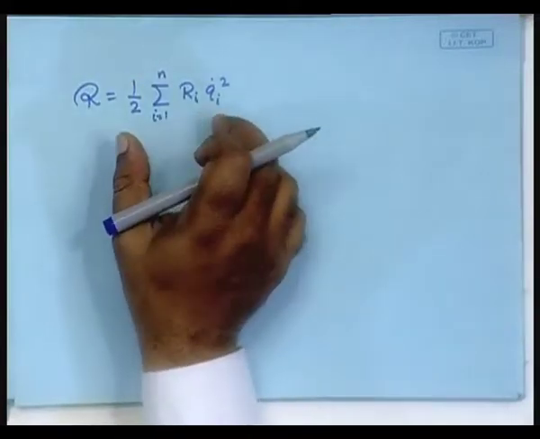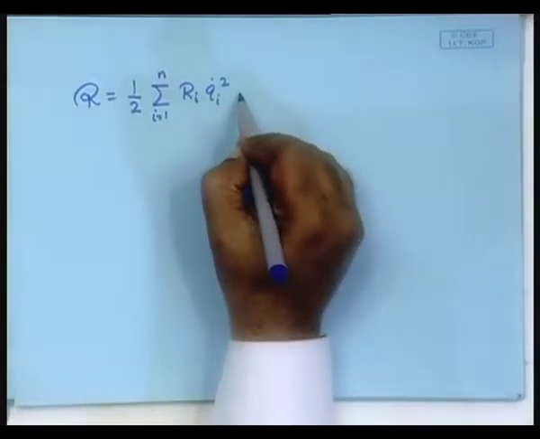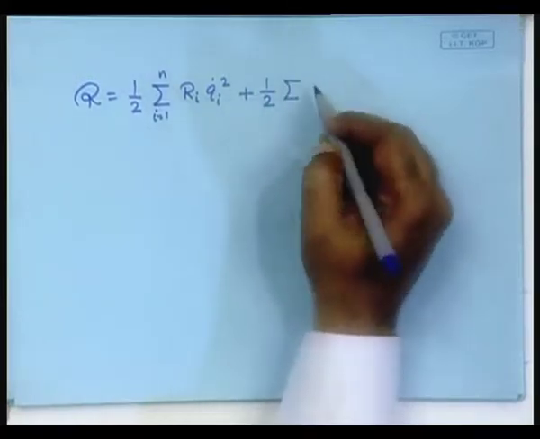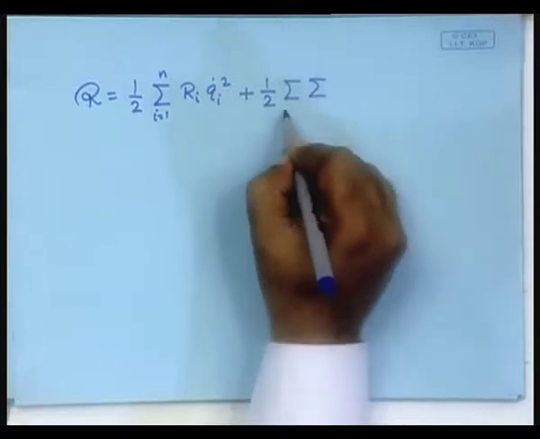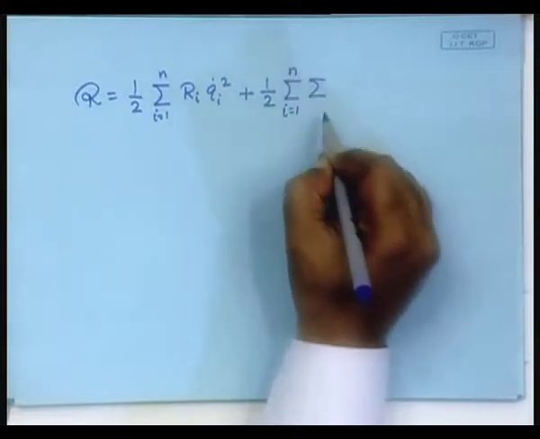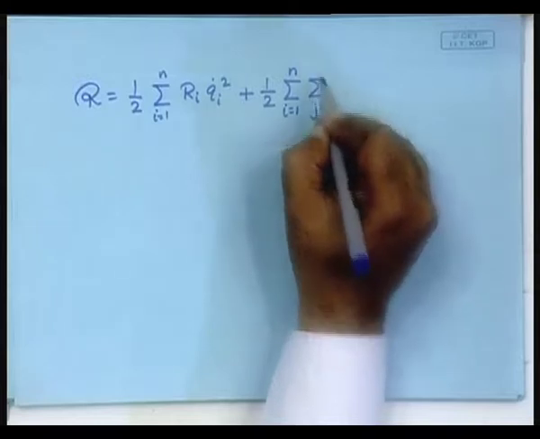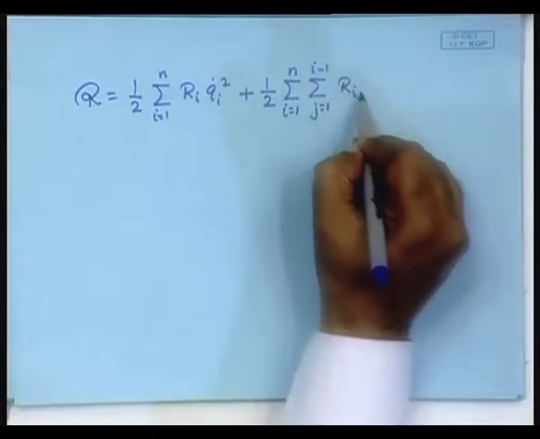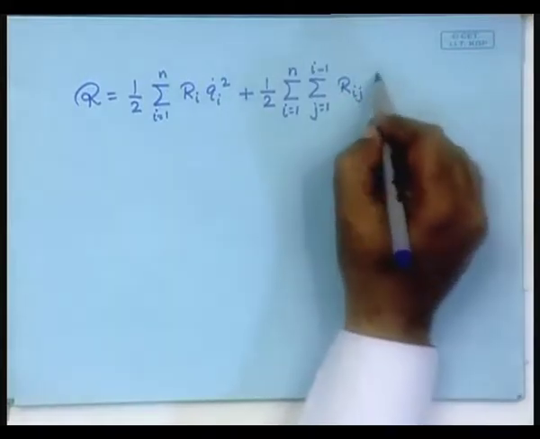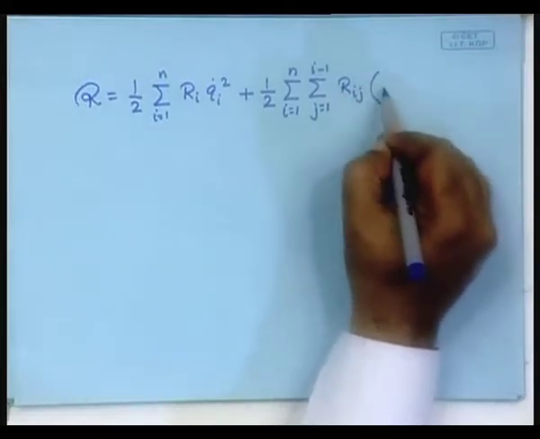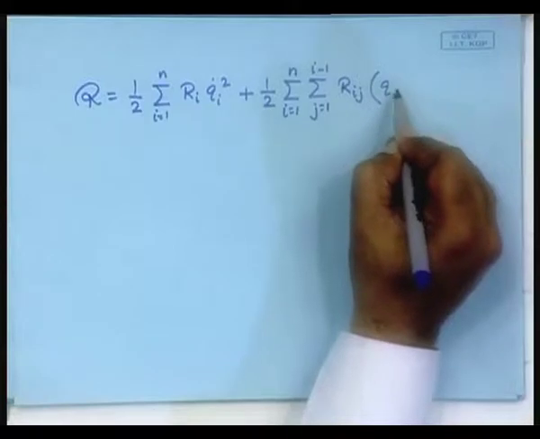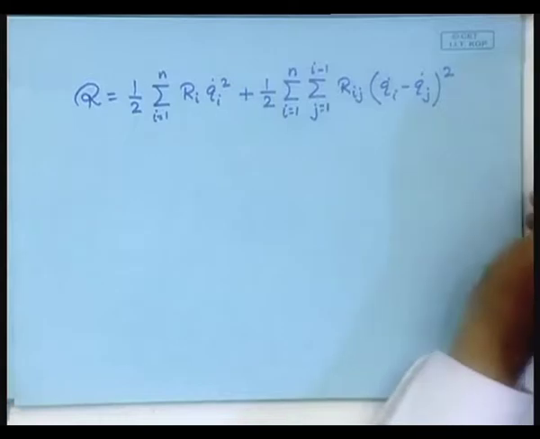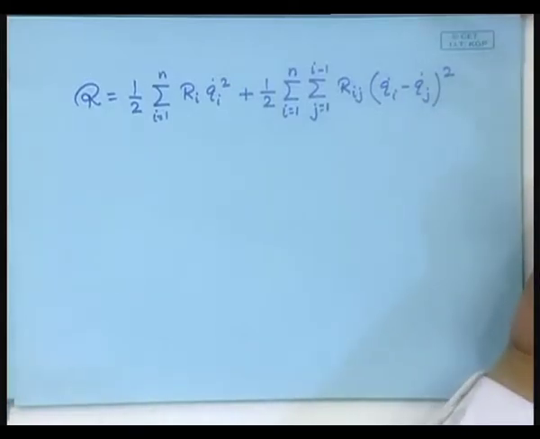These are the self branch resistances plus half, again it will have to be summed over twice, i equal to 1 to n and j equal to 1 to i minus 1. Then it will be R_ij, the current flowing through this branch would be q_i dot minus q_j dot square. That exhausts the complete thing.